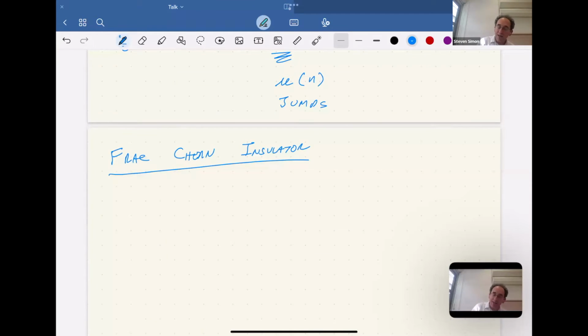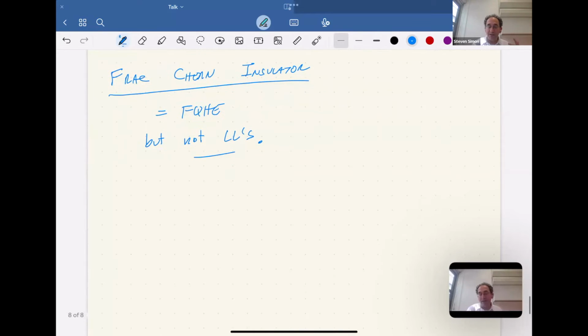Which is basically exactly the same as fractional quantum Hall effect, but not using Landau levels. You partially fill some band, a Chern band of some sort.